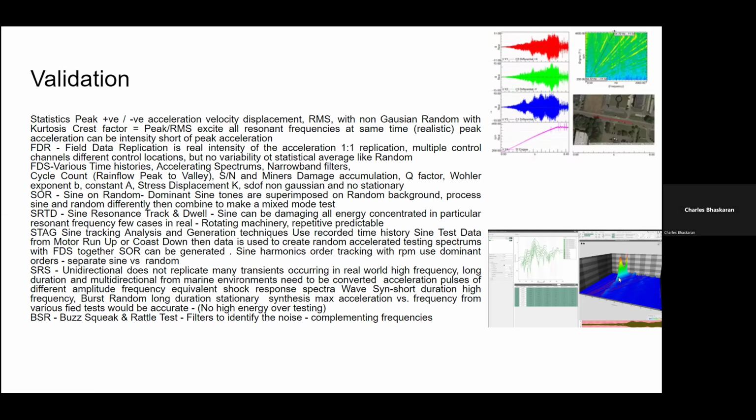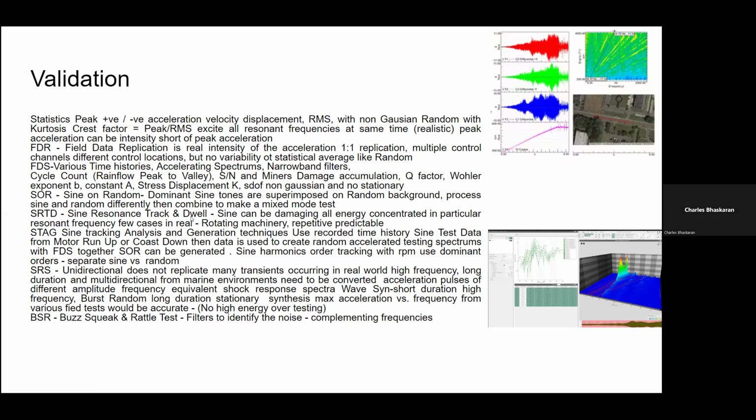On the right hand side, you will see a dominant sine in the background of random. You see how dominant that sine is. So we need to simulate the dominant sine in the background of random. That's why we call it sine on random. There are many techniques for sine. Sine resonance track and dwell is one of the common things.